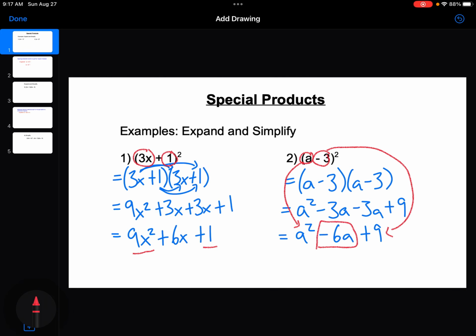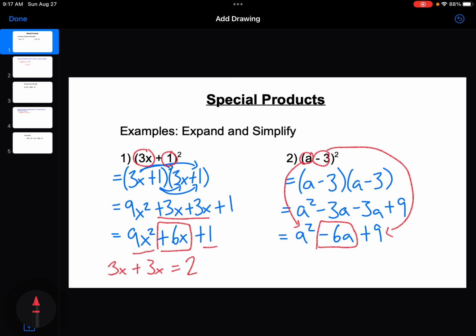But what about this middle term? In both cases, the first case we've got 6x, the second case we've got negative 6a. Well, if I look at those two terms, 3x plus 1 and 3x, what I've done is I've taken this and looked at it.